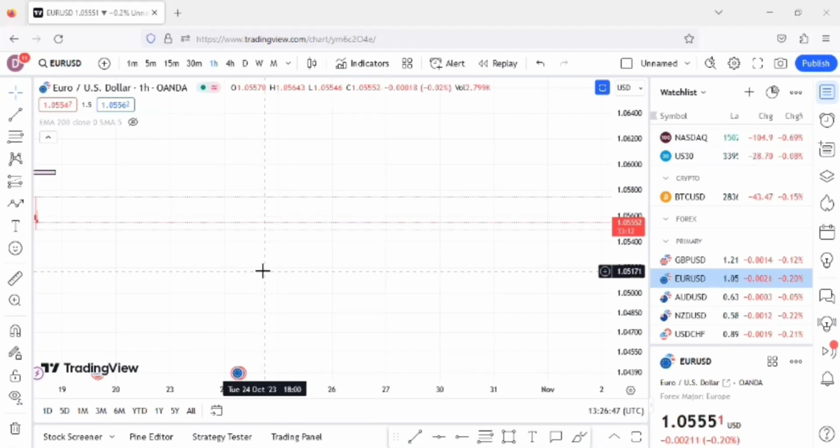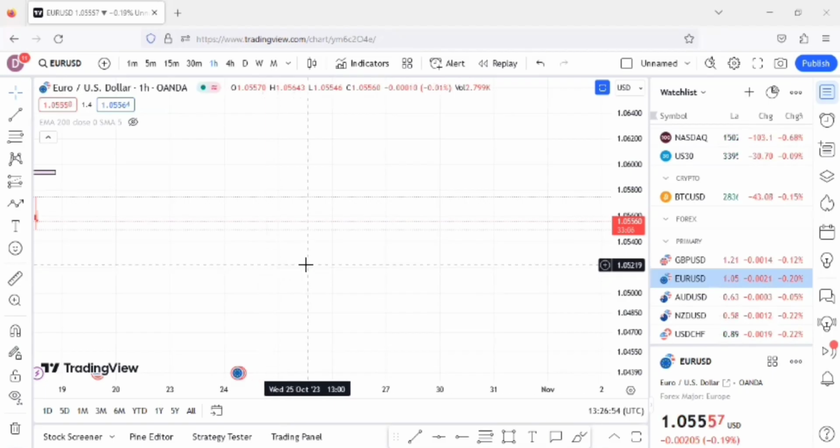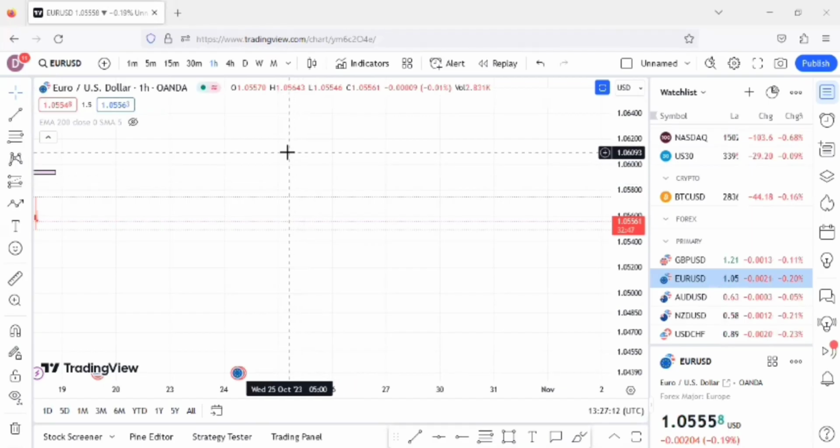Now, these chart patterns, they are the information that the market presents to you for you to make your buy or sell decision. And they are everywhere on the charts for you to make your buy or sell decisions. Now, there are two main types of chart pattern.